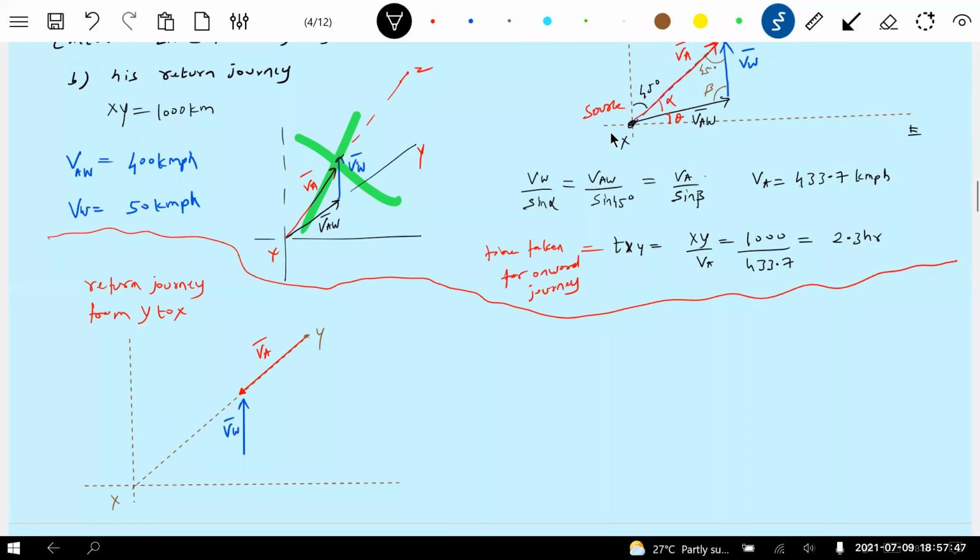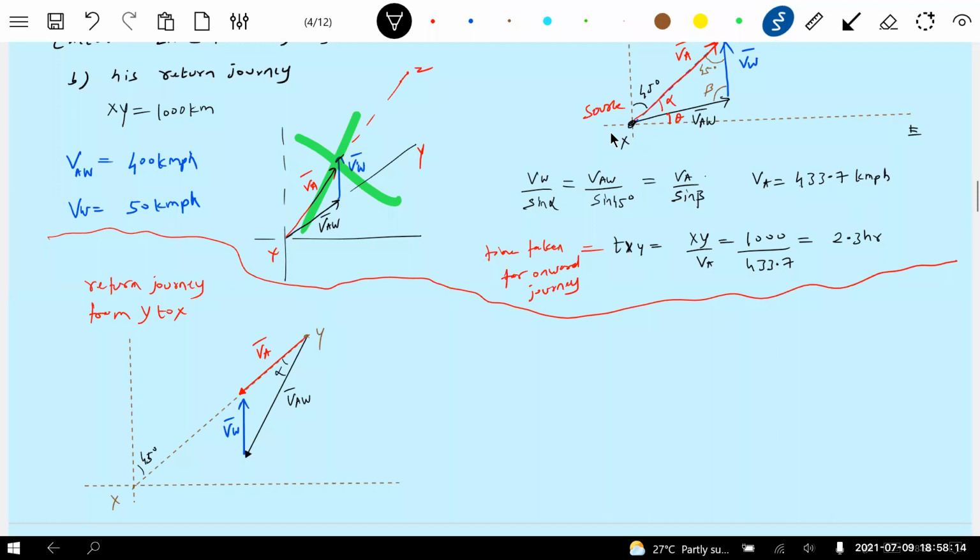So now the pilot should steer the aircraft in such a direction that... this angle is what we know, 45 degrees. This angle we don't know, let it be alpha.